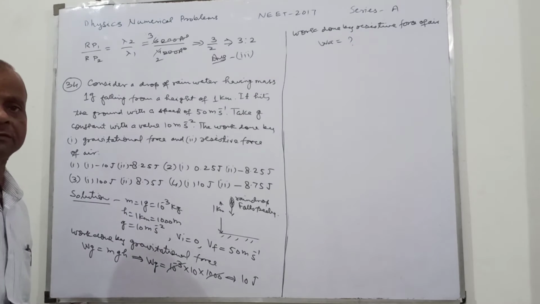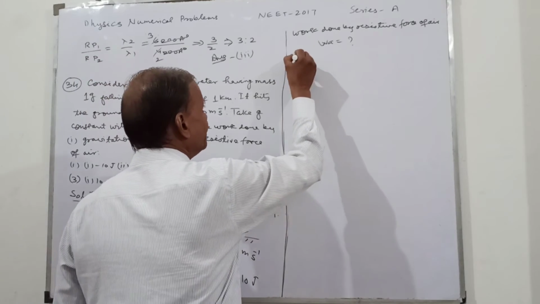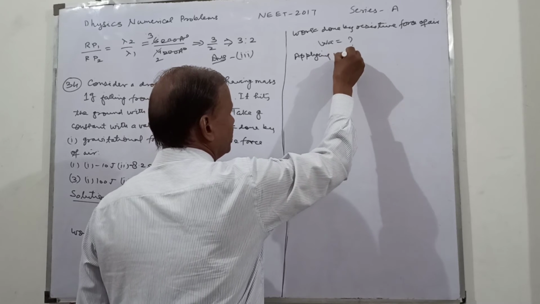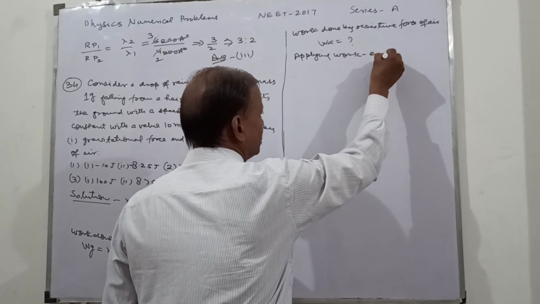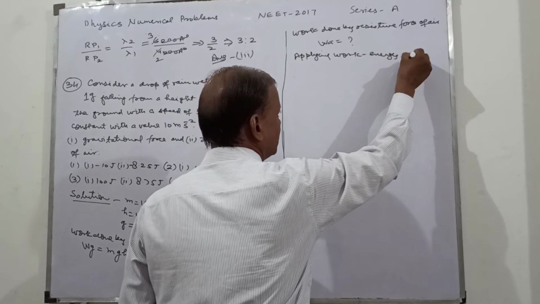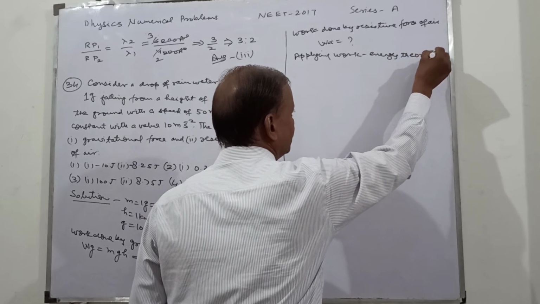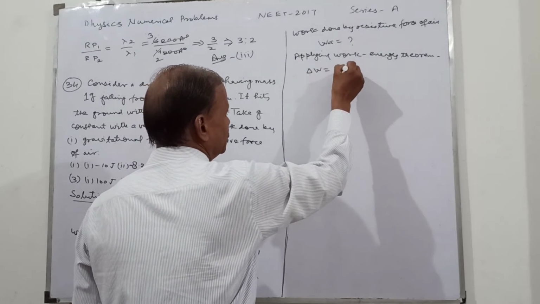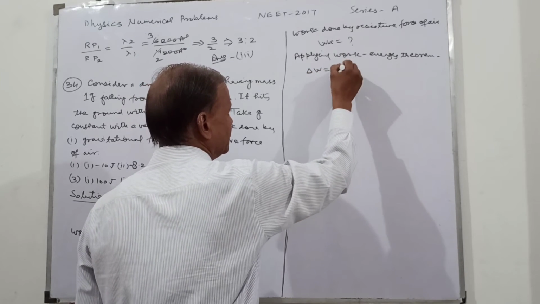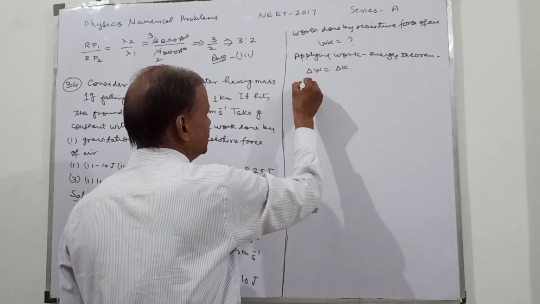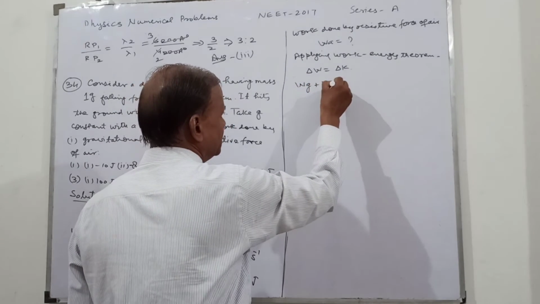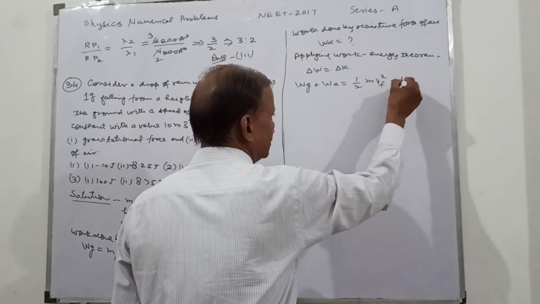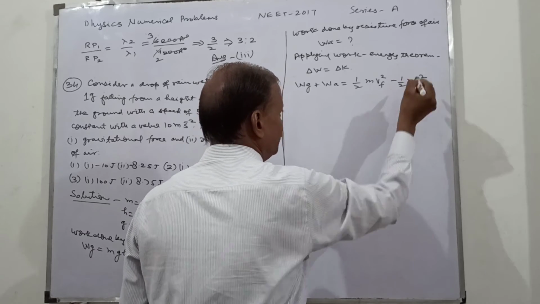So we apply the work energy theorem. Work energy, delta W is equal to delta K. So this is now your Wg plus Wa equal to half m Vf square minus half m Vi square.